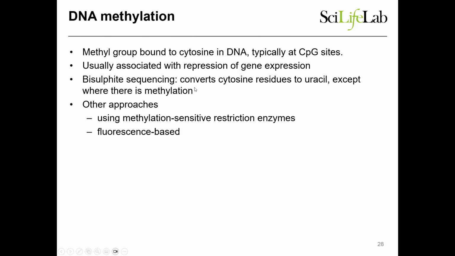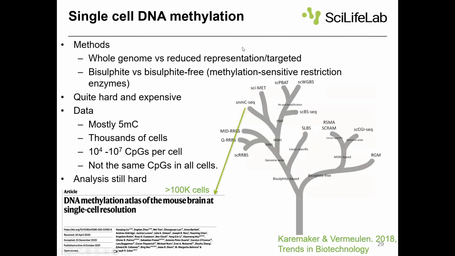But this is quite a rough treatment of the DNA, so you destroy a lot of the DNA. If you just have DNA from a single cell, 2 copies, then you lose a lot. So there are other methods also, with restriction enzymes, for example, that can only bind and cut DNA that's been methylated, and other fluorescent-based methods.